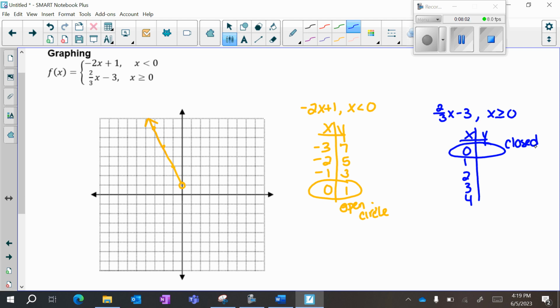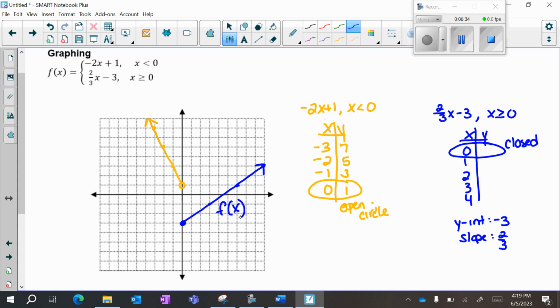Now, this is one where there's lots of fractions involved, so it's probably easier to follow your slope-intercept method, where I have a y-intercept of negative 3 and a slope of 2/3. So negative 3, up 2 over 3, up 2 over 3, up 2 over 3. Connect, form an arrow. And this, of course, is f of x.